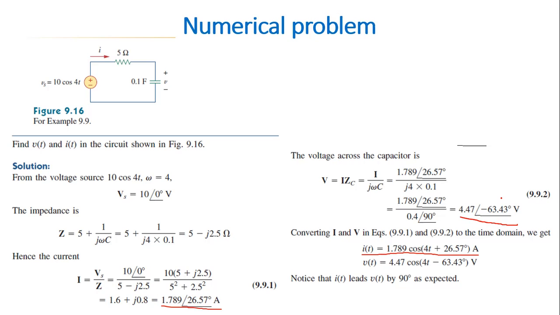Representing this in the time domain, v of t is 4.47 cos of 4t minus 63.43 volts.